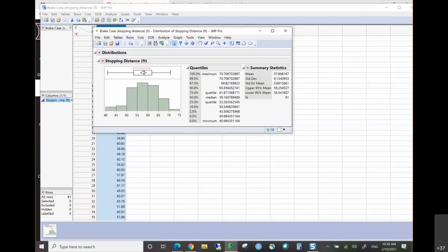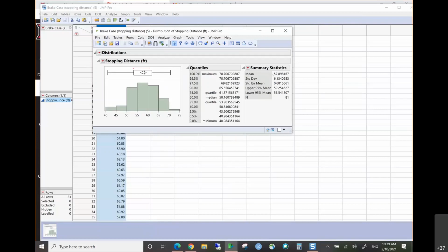Standard deviation of this sample is 6.13, and we have a default 95% confidence interval, the lower level, the upper level.